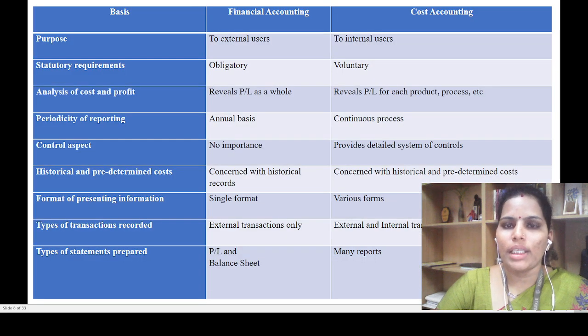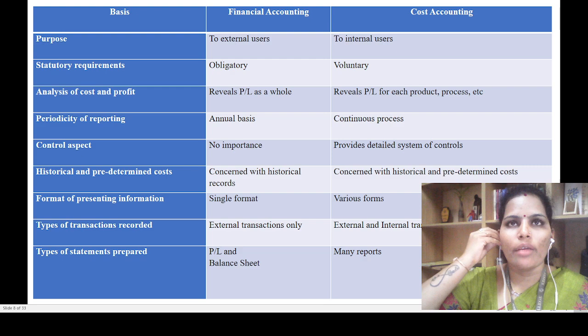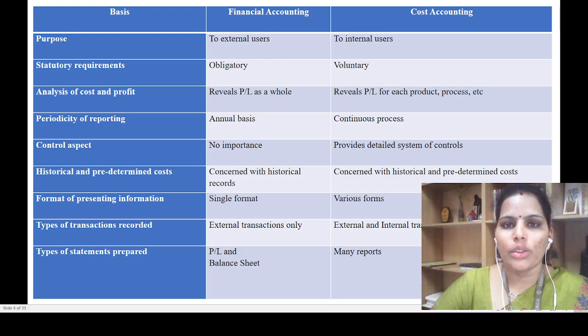Next, we'll see the difference between cost accounting and financial accounting. First, as you know, financial accounting is for external users like investors, financial institutions lending loans, and creditors. Cost accounting is used by the people working inside the organization.